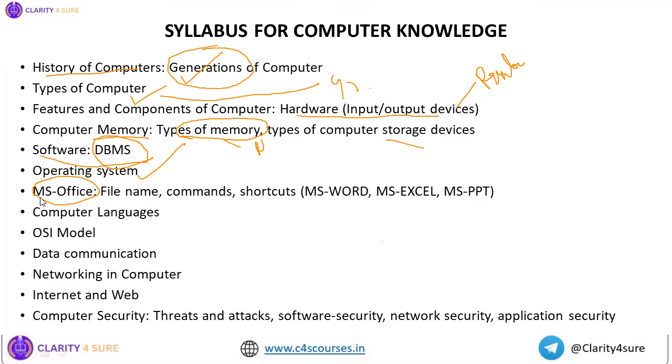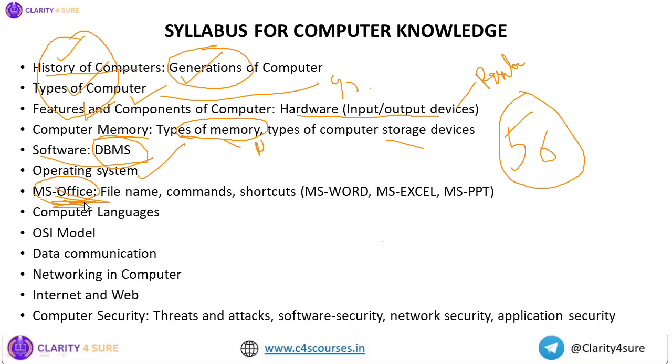Now if you see this one, history of computers, types of computers, features and components of computers, this chunk and this one, MS Office, these are the most important, because आपके 5 से 6 मार्क इन्हीं टॉपिक्स में से कवर हो जाएंगे, okay, आपके 5 से 6 मार्क easily, it will be covered from these topics only.